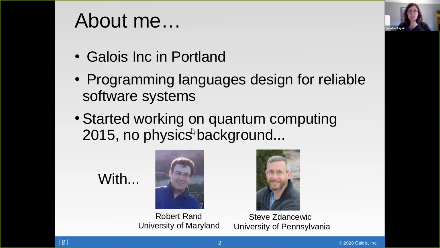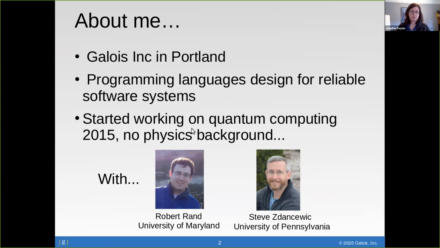I started working on quantum computing in 2015. Before I was at Galois, when I was a grad student, I hadn't taken a physics class since high school, but I worked with some great collaborators and stepped into this new field.